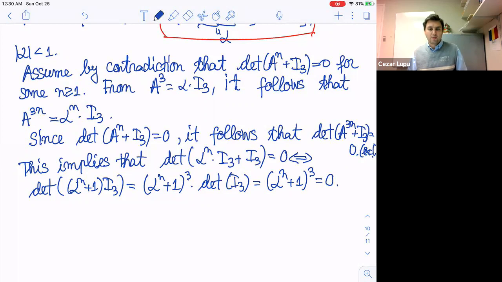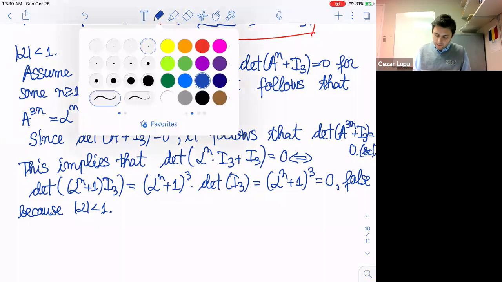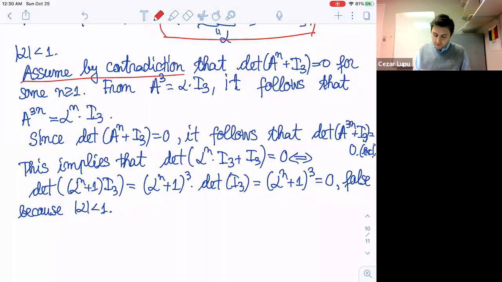Well, I'm sorry guys, as far as I'm concerned, this can never be 0, which is a contradiction. So this is false because the absolute value of alpha is less than 1. So we're done. Where did the contradiction come from? Well, it came from our assumption.